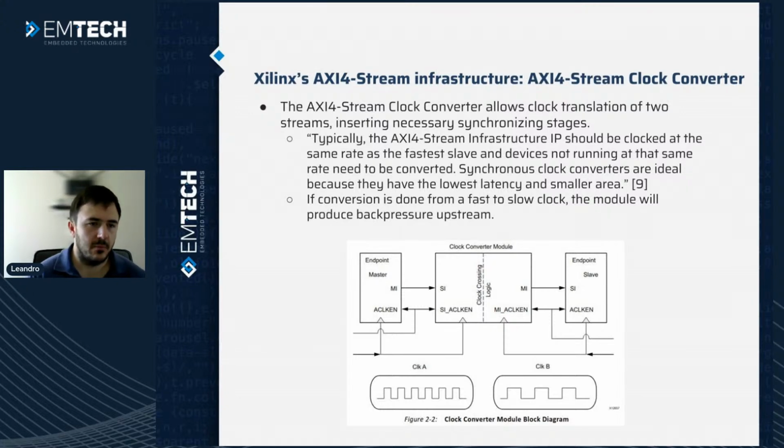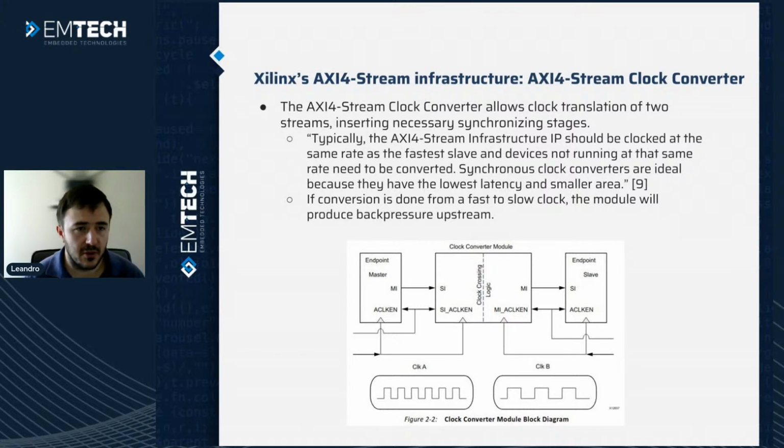What I say here is taken from the PG, and I found this interesting. It says that the infrastructure IP should be clocked at the same rate as the fastest slave. So ideally, you have to convert everything else. The synchronous clock converters are ideal because they're more efficient. Something to notice is that when the conversion is done from a fast to a slow clock, the module will produce back pressure.